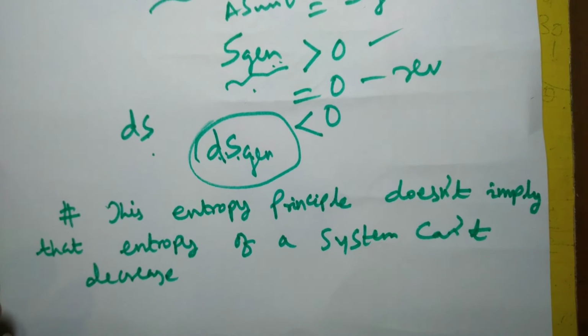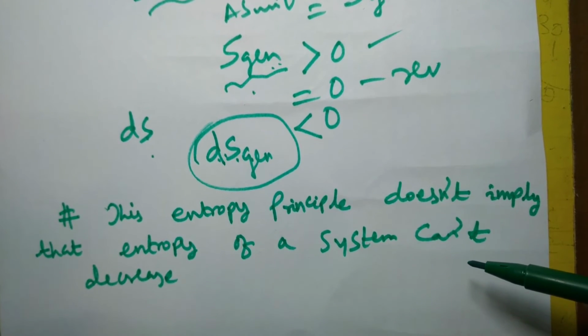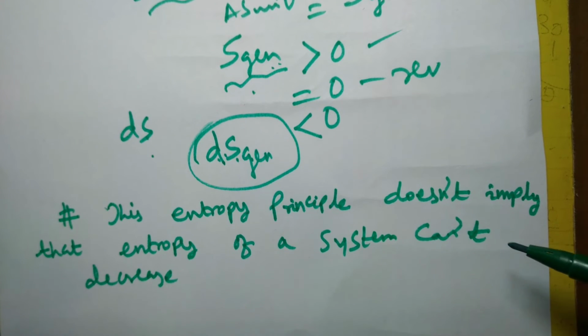You see, this confusion should not be created in your mind that during any process the entropy of a system cannot decrease. It can happen that the entropy of a system can decrease, but if you calculate the entropy of the total universe, that is system plus surrounding, this can never be less than 0. Entropy change cannot be less than 0 as far as the summation of entropy of system and surrounding is concerned.